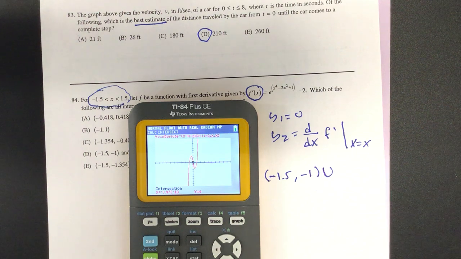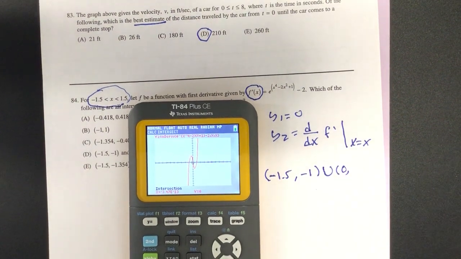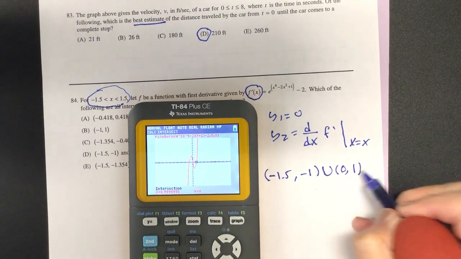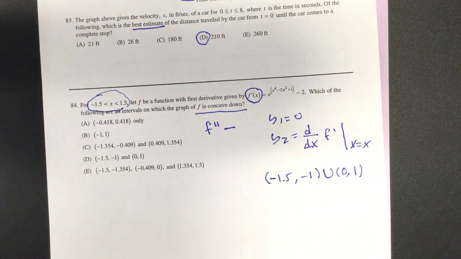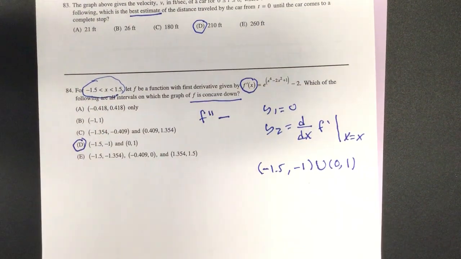So one number is getting very, very small, basically to nothing. 0. Just make sure it says negative and some big power. Second calc 5, and let's go to the right side. And that number is going to give me 1. Which answer choice is going to satisfy? D it is.